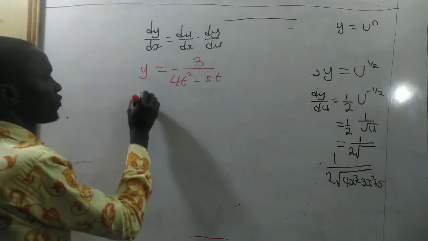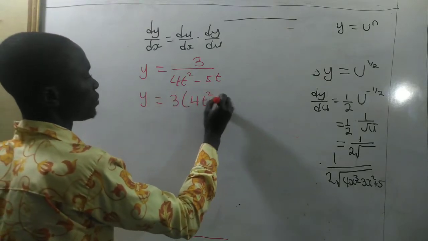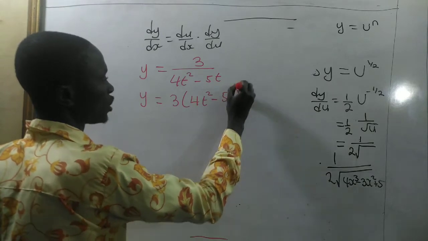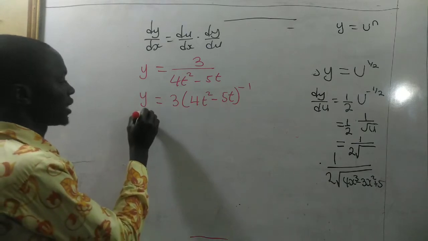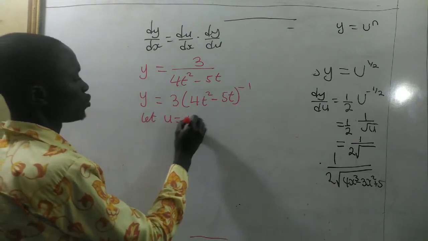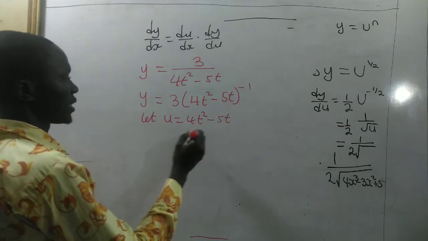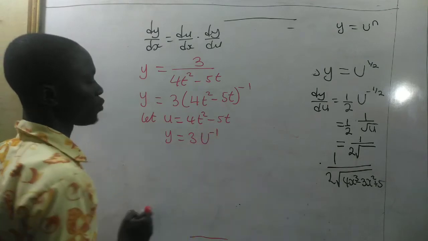So the same way we have y equal to 3 times (4t squared minus 5t) all to the power negative 1, as we've done earlier. And here you let u be equal to 4t squared minus 5t. And then here we have y to be equal to 3 u to the power negative 1.